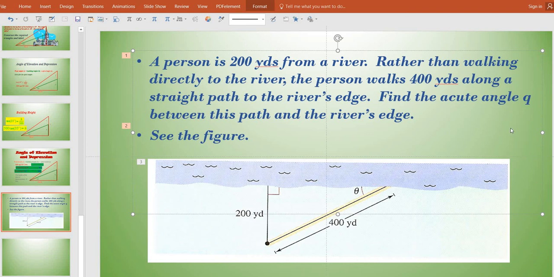To get the acute angle, we use the sine rule. Sine theta equals opposite over hypotenuse.